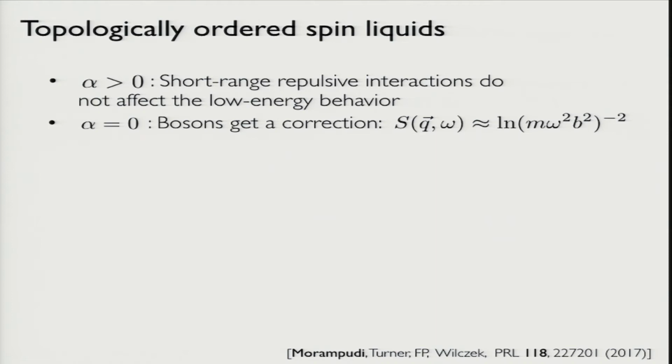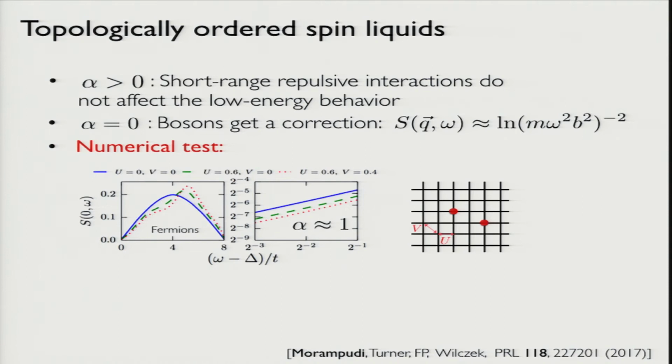So this was done just for a simple continuum model. Then we want to see what's happening in a lattice model, so we do some numerical simulations. In particular, we take a square lattice and put two anyons on this square lattice, and we calculate the dynamical structure factor for different interactions between these anyons. In particular, we have repulsive interactions between nearest and next nearest neighbors. Here we plot again S of q equals 0 and omega as a function of omega above the gap.